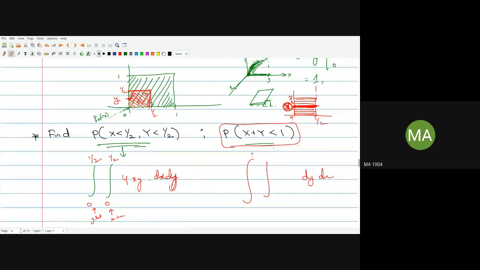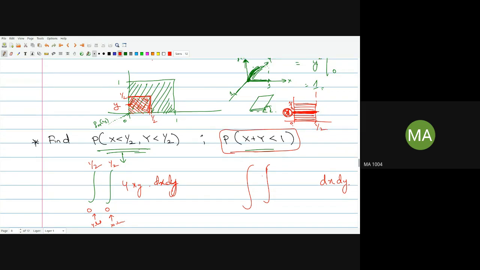So firstly, I need the limits of x and y. Fill these brackets, and this is 4x.